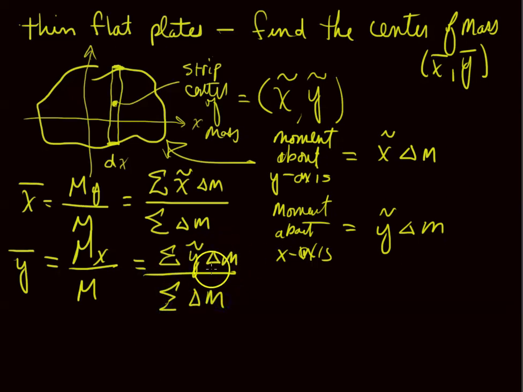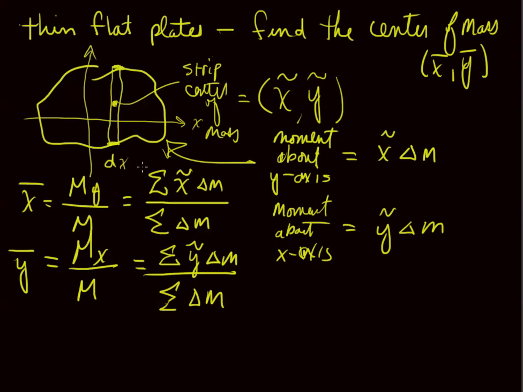Now, we can make these strips very thin and take the limit as n goes to infinity and do all that same stuff for the Riemann sums and really change this into integrals.